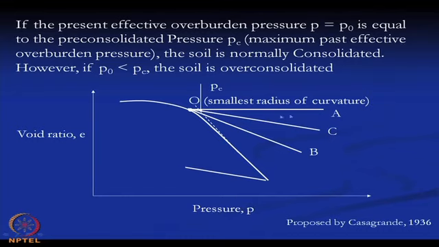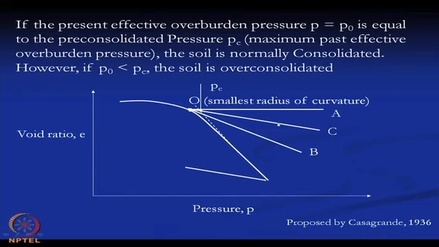Now, from this point draw a line OB such that OB is a tangent at O, then draw another line OC such that it bisects the angle AOB.